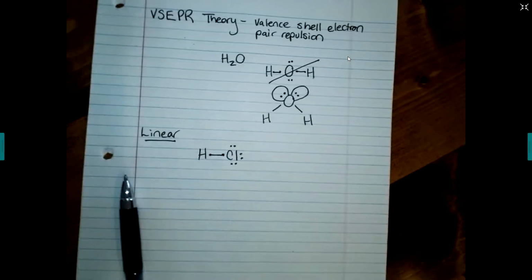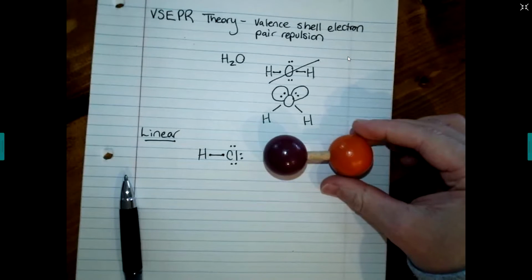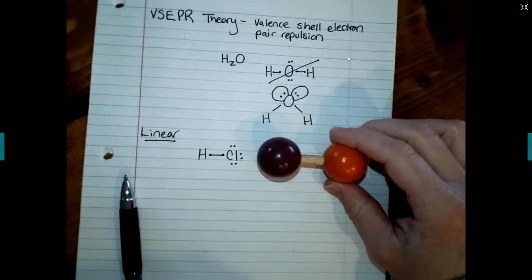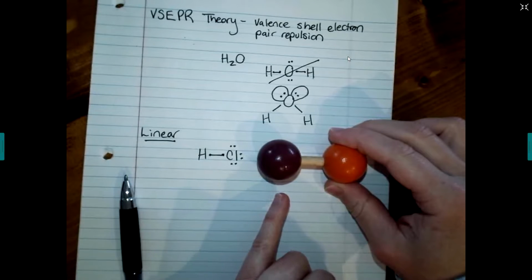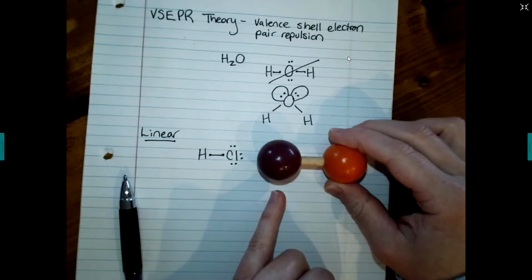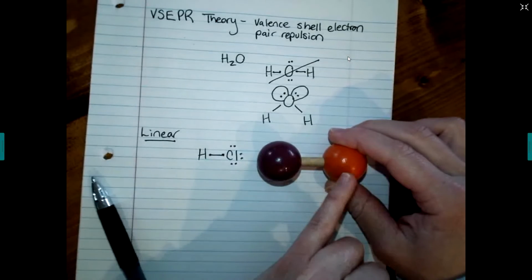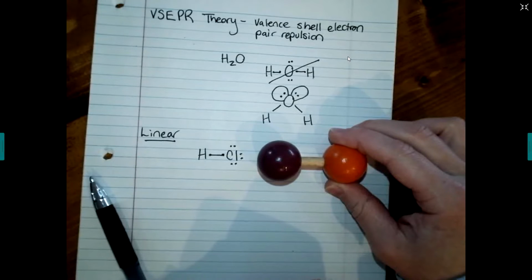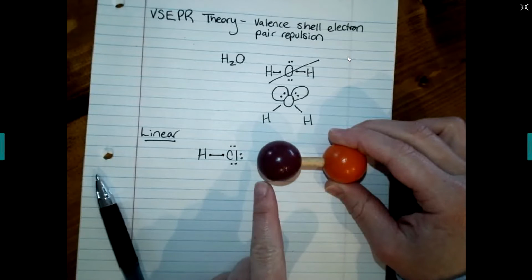I'm also going to be using models today to show you what these molecules look like. This is also the type of model you'll be looking at in a lab you'll be doing tomorrow. These are 2 different atoms because they're 2 different colors, and they're joined together by a bond. So you can see that this molecule forms a straight line.